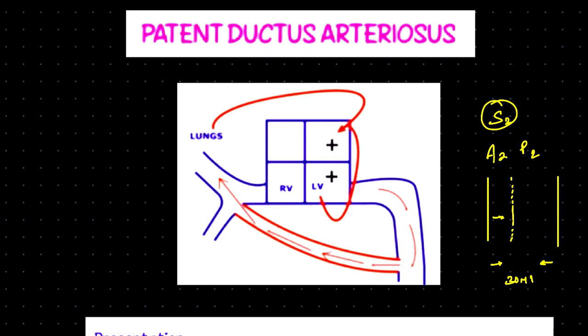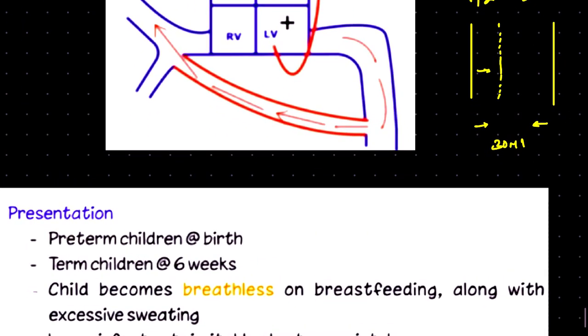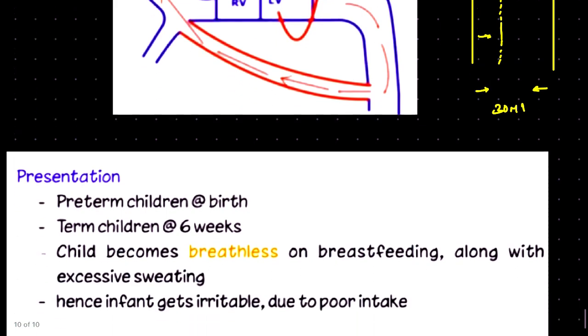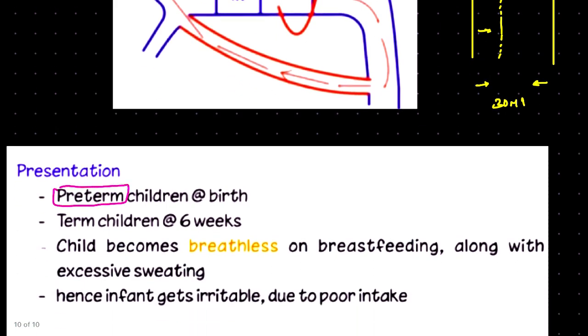Now moving further, how is this presented? In preterm children, it is presented at birth. In term children, it is presented at 6 weeks of birth. Talking about the clinical findings in a child, they become breathless on breastfeeding because they are not able to breathe properly.